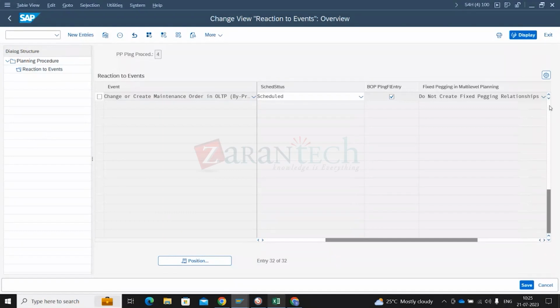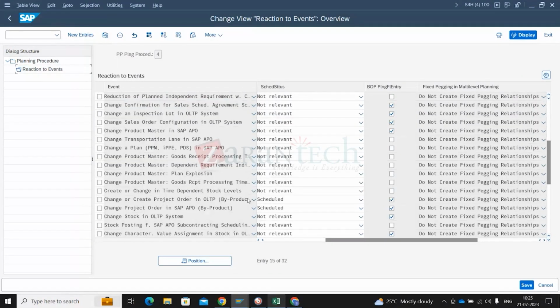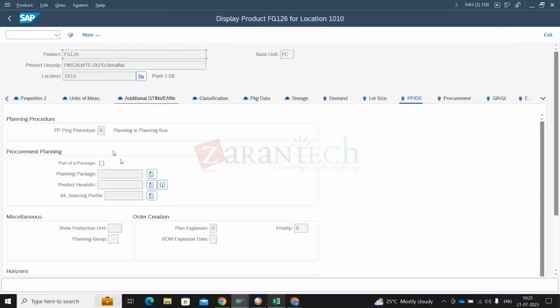Most of the planning procedures we use are related to scheduling: whenever an order gets created, you do automatic scheduling. For our context, we are just doing planning based on the plan, so we need not extend this planning procedure to multiple other echelons of the network. But you should know the main importance of the planning procedure: it is the collection of events and triggers that governs what happens based on any change of master and transactional data in PPDS.